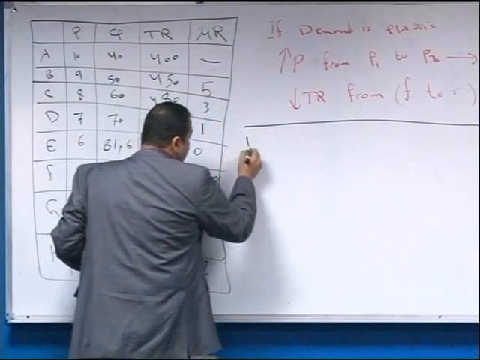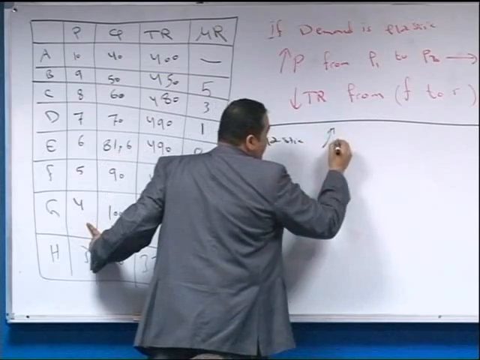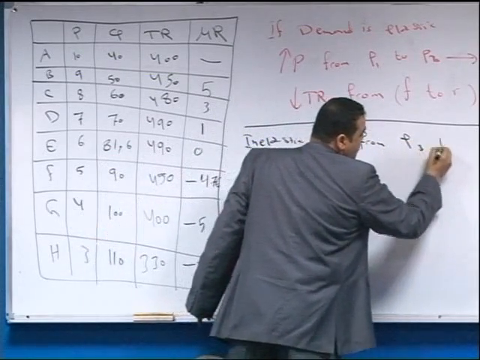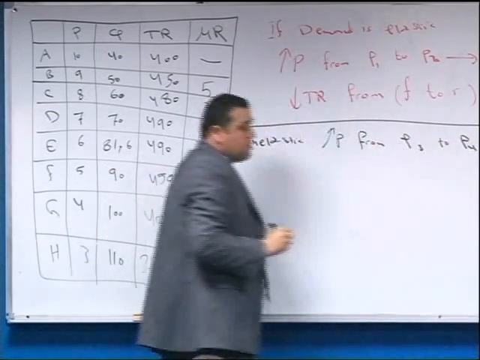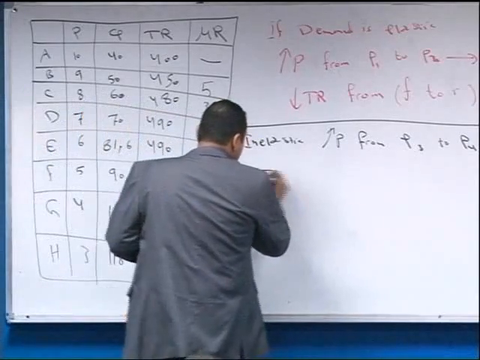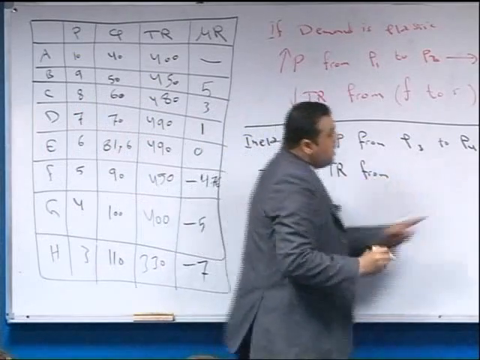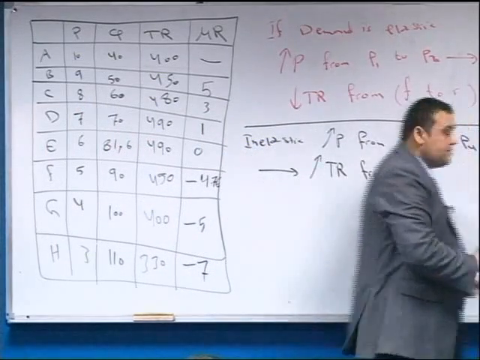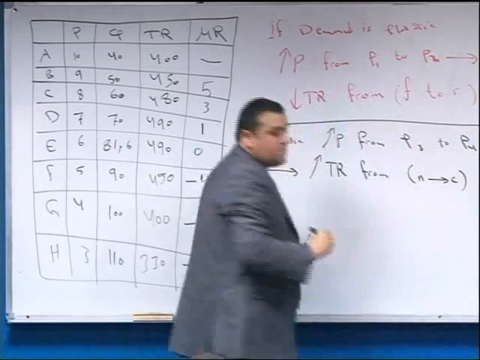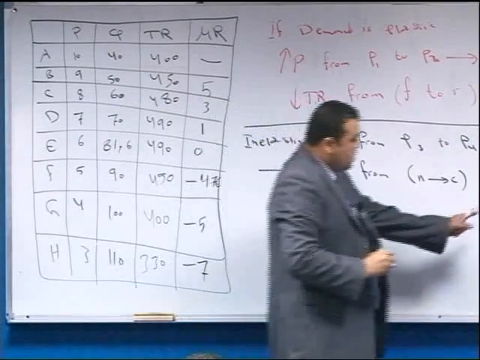When the demand is inelastic, increasing the prices from P3 to P4, total revenue would what? Would increase. This leads to an increase of total revenue from N to C. Right? Okay.